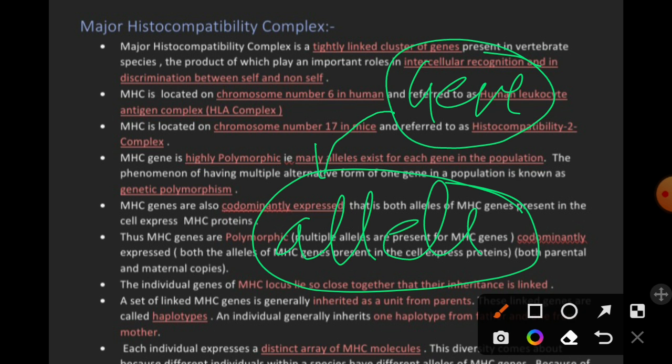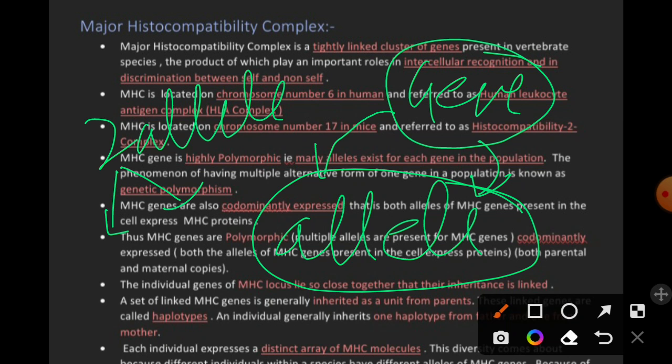Alleles are nothing but different forms of one gene. In the normal Mendelian concept, there will be two alleles for one gene, one allele dominant and another recessive.